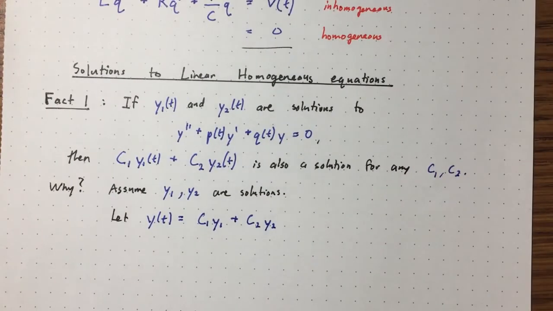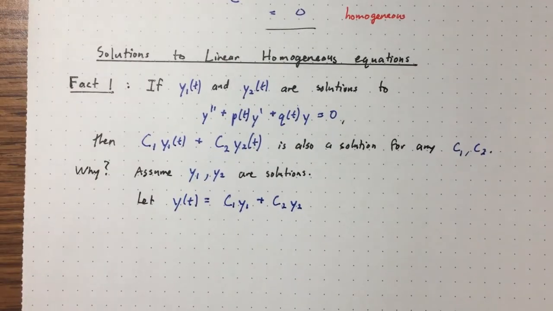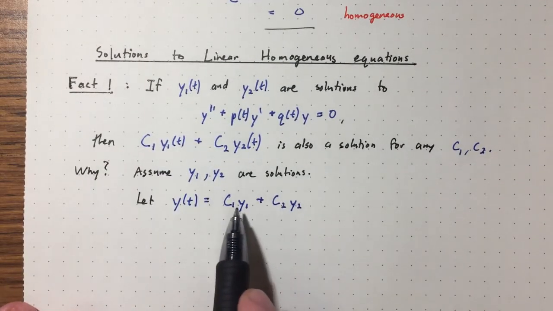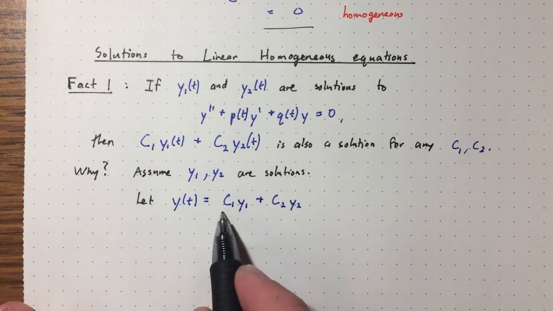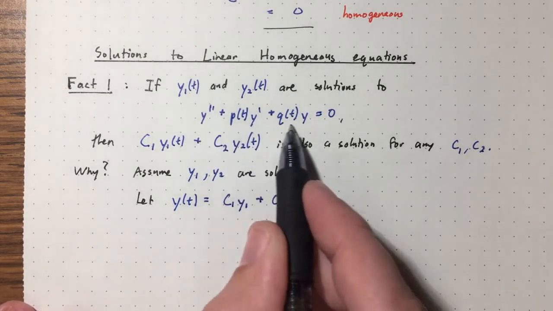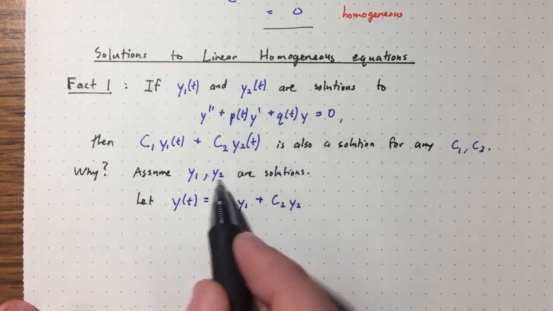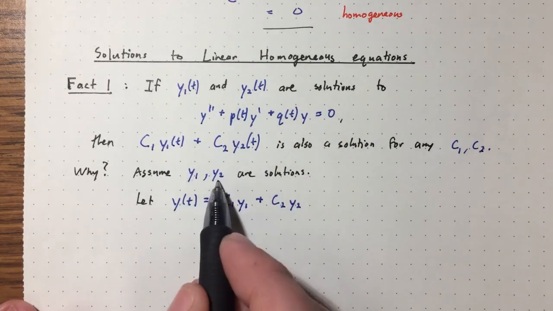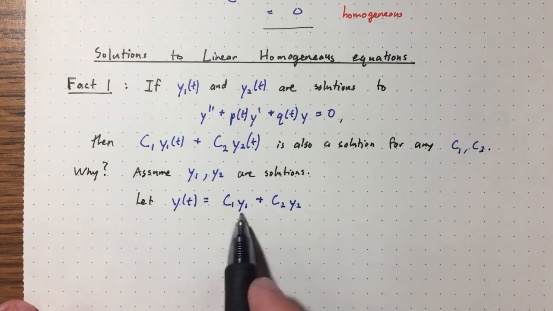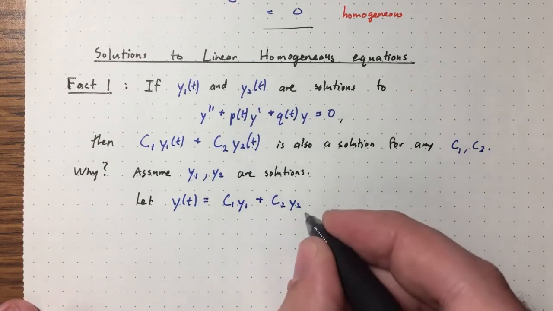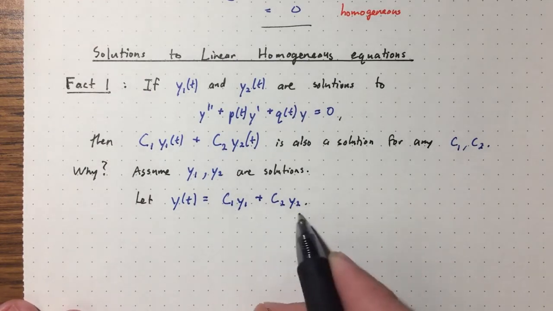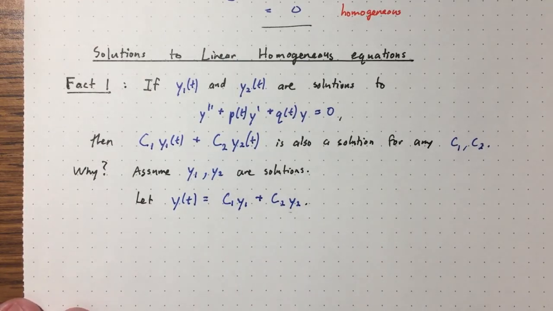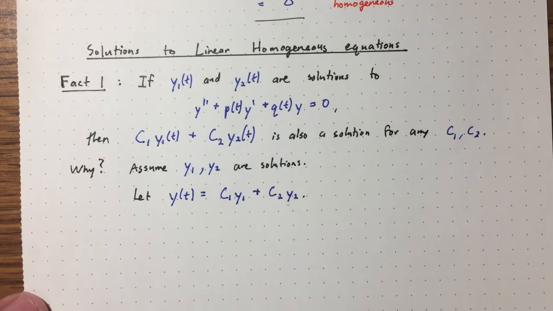We want to see why this is true. What are we trying to do? We're trying to prove that this is going to be a solution as well, right? We're just assuming that these two are individually solutions. We're not already assuming that this one is a solution. So we're just defining y of t to be that. And now we're going to check to see if this is a solution by plugging it into the differential equation.